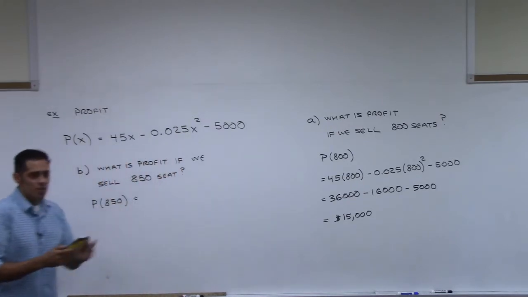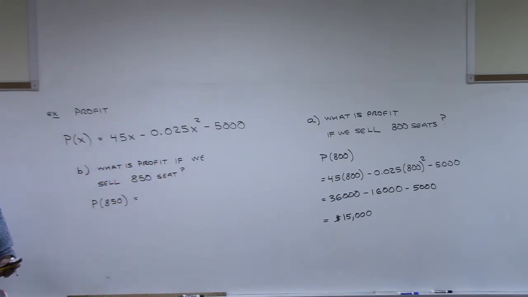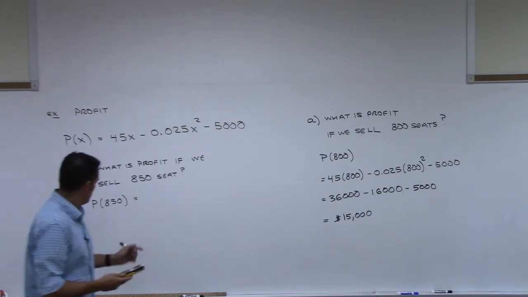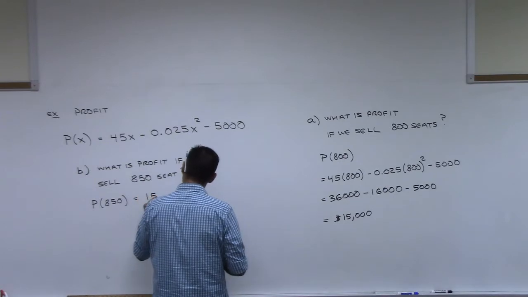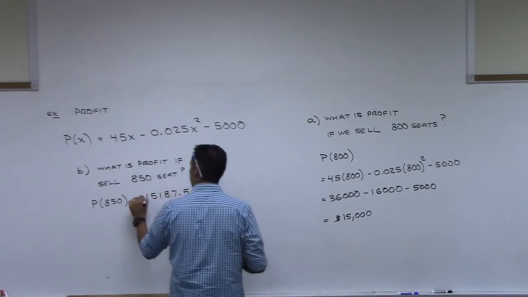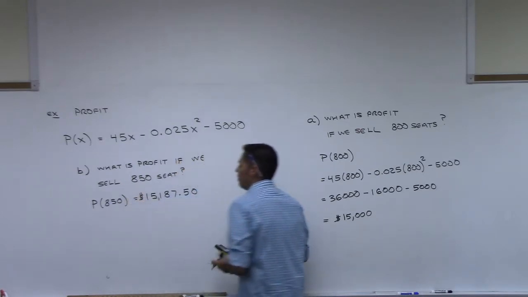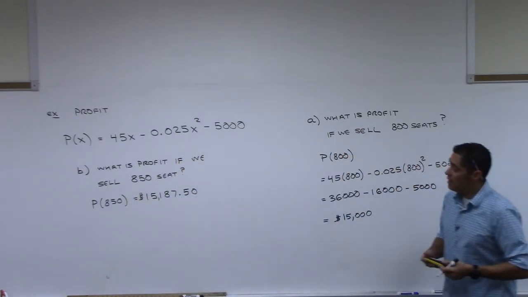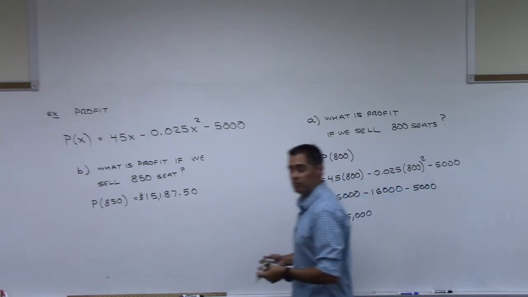So I think I'm going to do this all at one time on my calculator. Somebody want to tell me what they got? 15,187.50, yep. 15,187.5, and I'm going to write .50 because this is dollars.